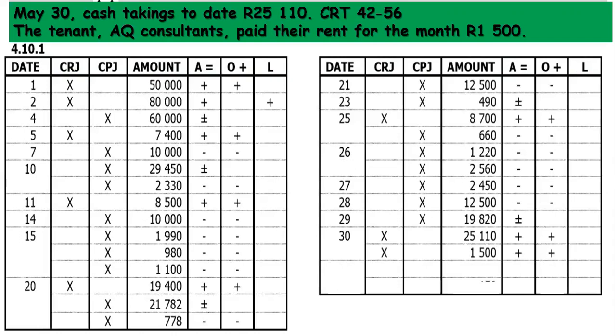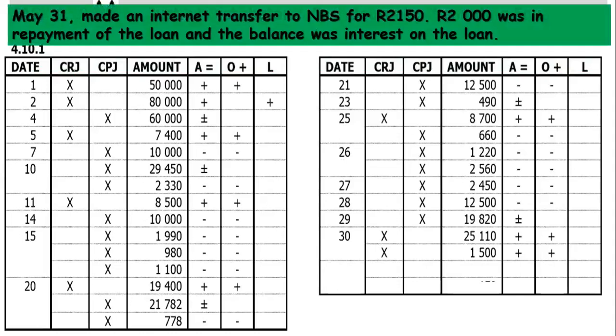Next one, the tenant paid, okay, that's a cash receipt journal amounting to 1,500, increasing owner's equity, increasing assets. And then the last transaction on May 31 made an internet transfer to NBS amounting to 2,150. So you make that entry, right, which is 2,000 in repayment of the loan.